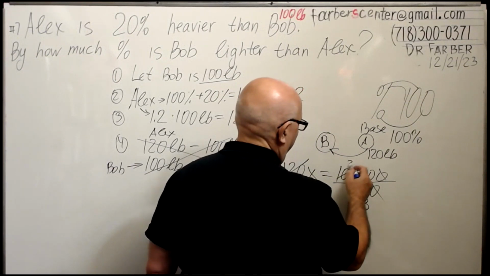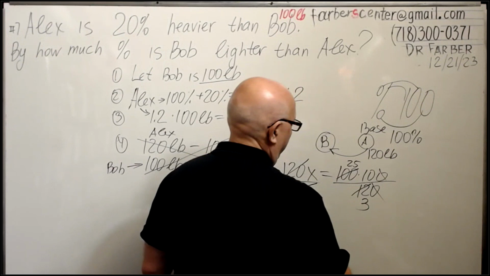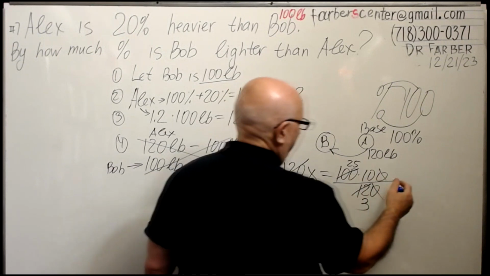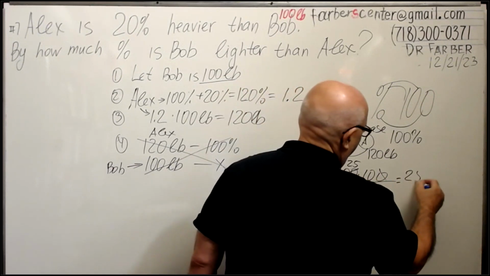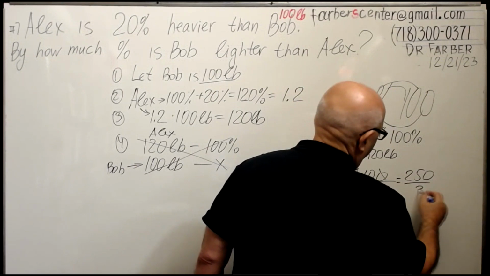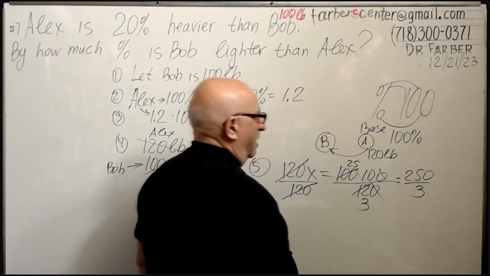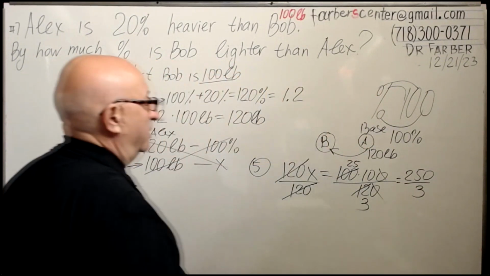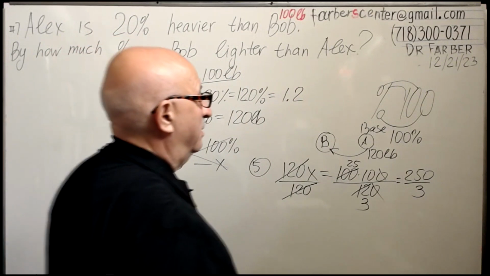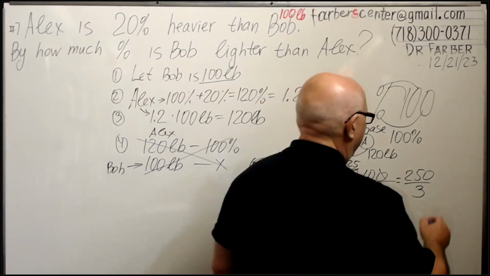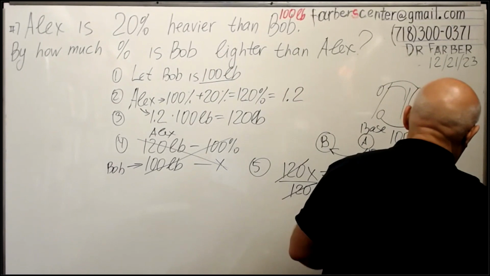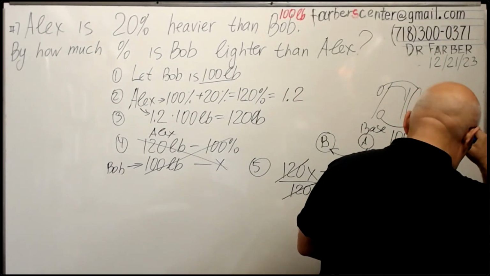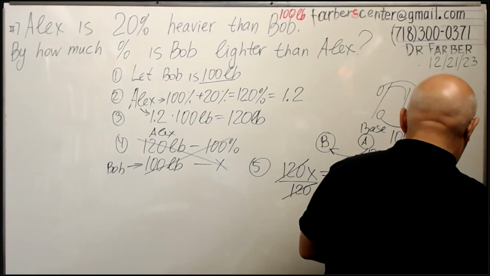Divide by 4, it will be 25. 25 times 10 is 250 over 3. 8 times 3 is 24, so I get 83 and 33, so 83.33%. This is the answer.